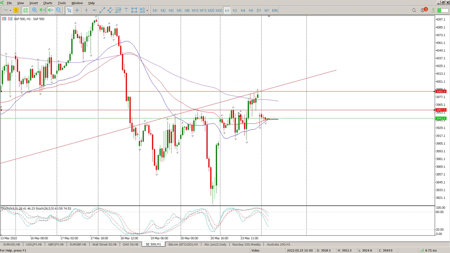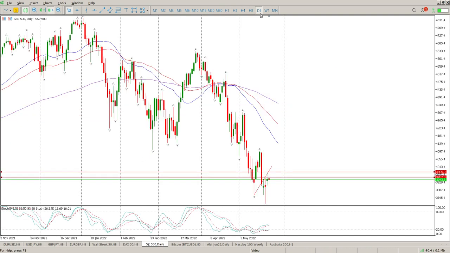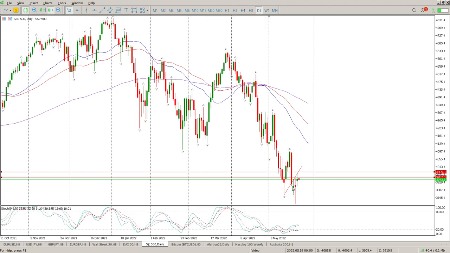So at the moment, nothing really there. You can see yesterday was pretty much a big up, big down, big up, big down, big up day. The daily bar, which is something we also need to pay attention to, was a big range bar. So we've got pin bar, range bar, pin bar, range bar.